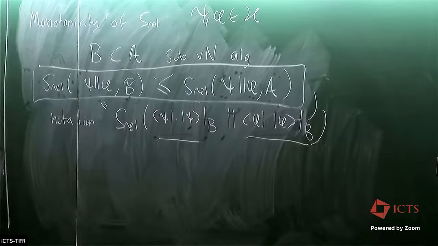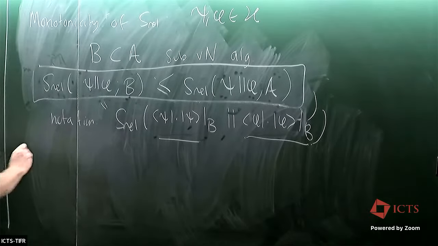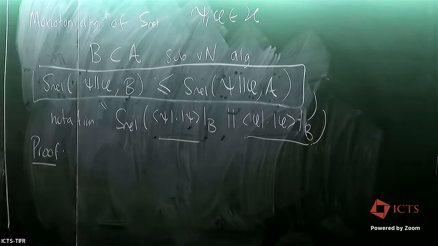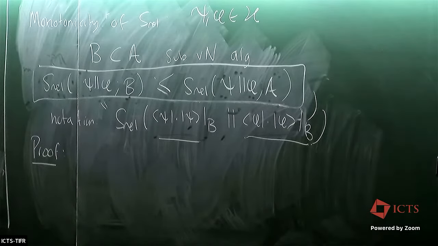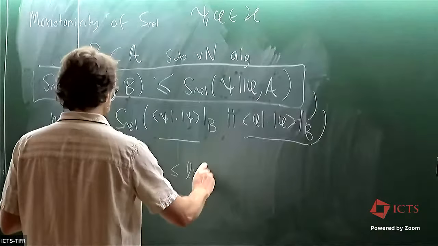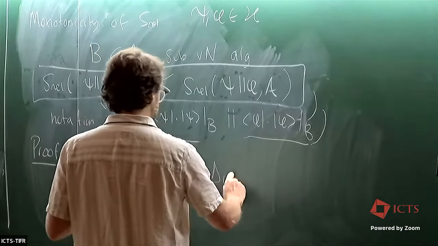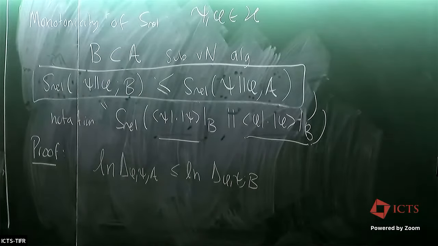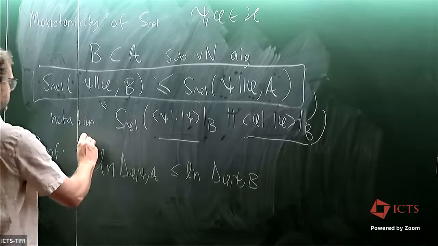All right, so the proof of this actually just follows, you know, these are expectation values in the same state, and so you just have to show that the log of the relative modular operators defined for A is less than the log of the relative modular operators defined for B. It relies on this.